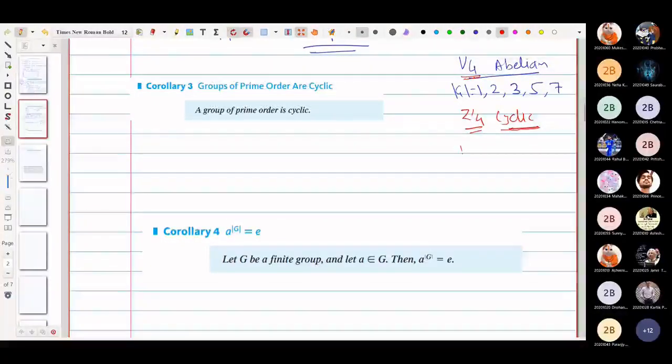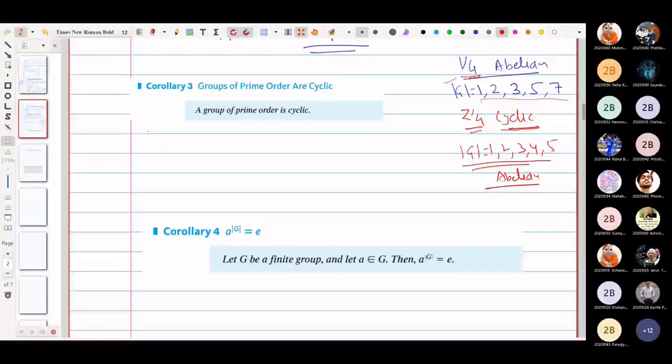So any group of order 1, 2, 3, 4 up to 5 is abelian. A cyclic group can have this kind of order, but in the converse way, if a group has any of these orders, then is that group going to be cyclic? Okay, fine.